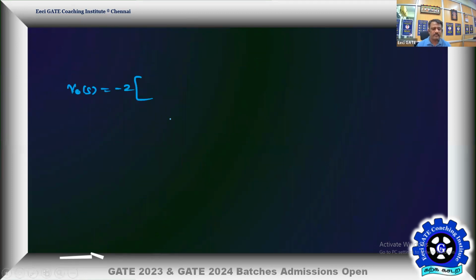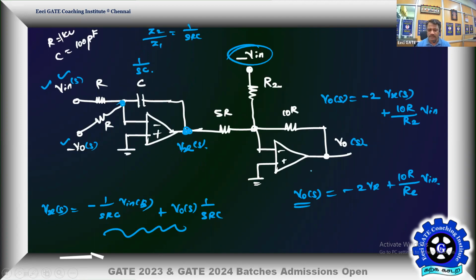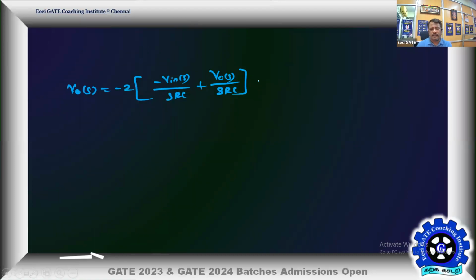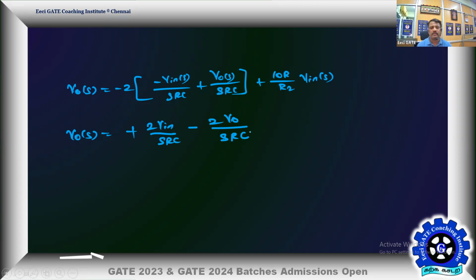Minus V in by SRC plus V naught of S by SRC, plus 10R by R2 into V in of S. Now V naught of S is equal to plus 2V in by SRC, and then minus 2V naught by SRC, plus 10R by R2 into V in.